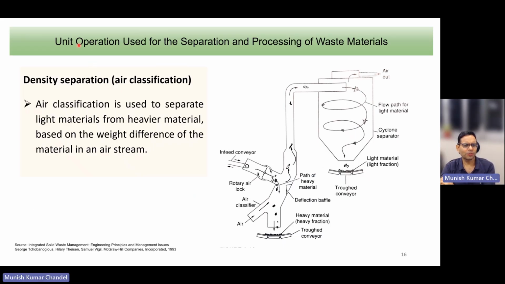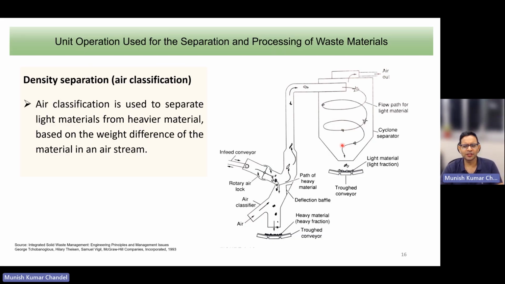Then another unit operation used for separation and processing is the air classifier, or density separator. As the name indicates, you separate the material based on its density. In the air classifier, you can see here, for example, you have mixed and shredded waste, you put it in and then you pass air. The lighter materials flow along with the air and you take them to a large cyclone separator.